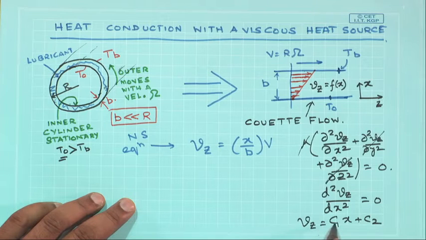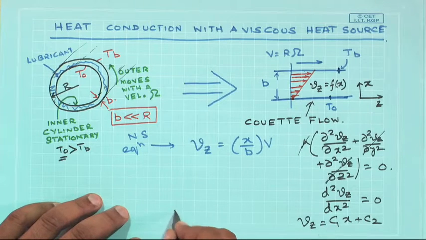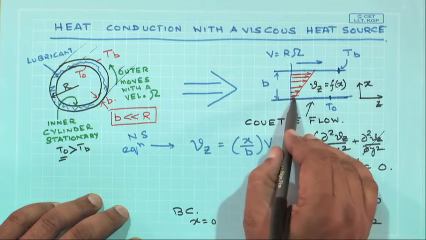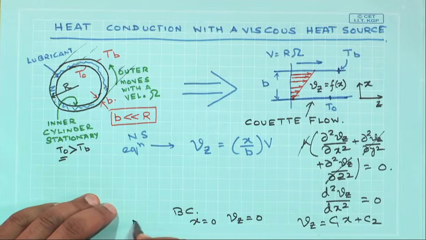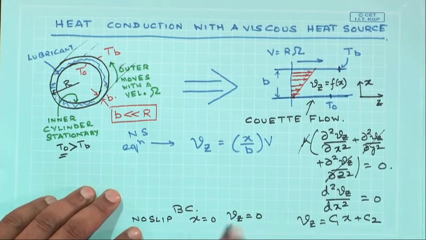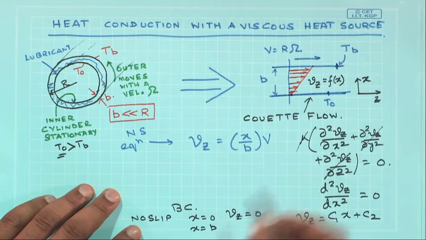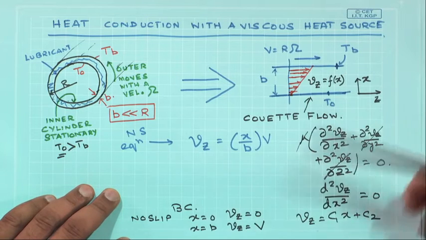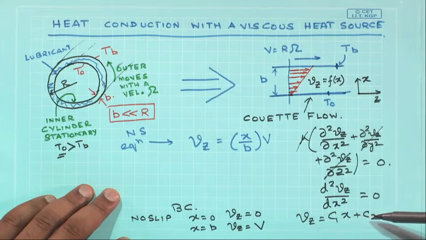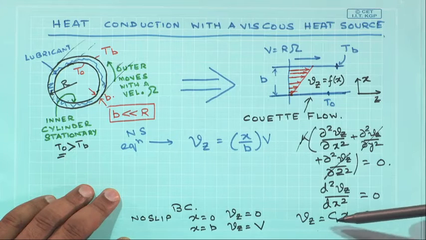The boundary conditions are at x equals 0, that means on the plate Vz is 0, which is the no slip condition, and at x equals b, that means on this plate Vz is going to be equal to capital V. So, these are the two boundary conditions with which you would be able to solve for C1 and C2.